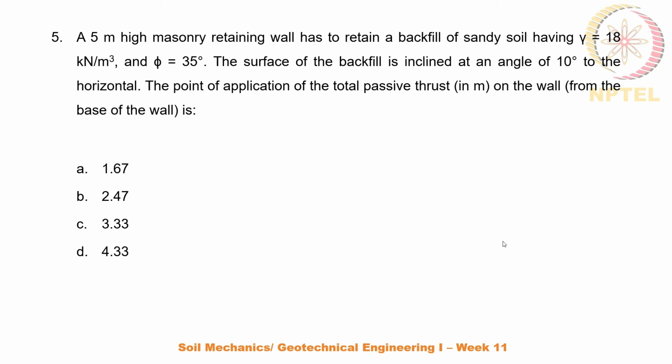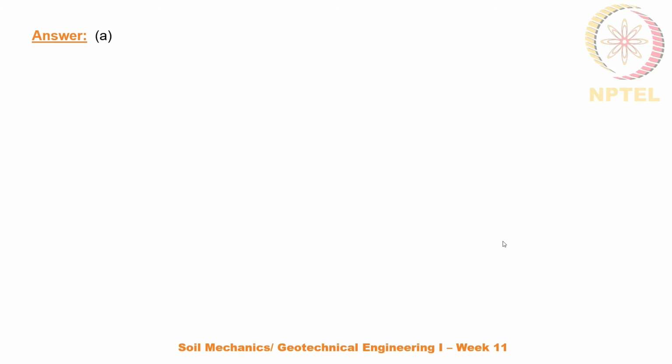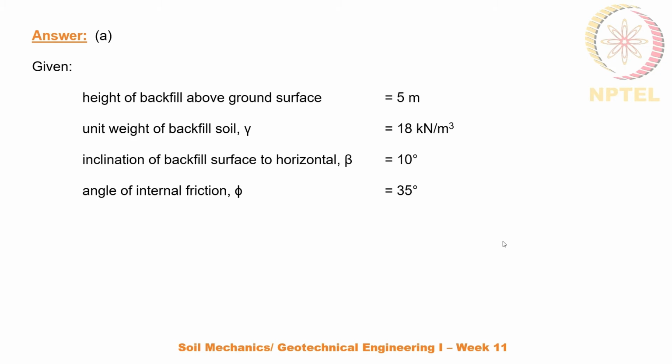Option A, madam. Yeah. So I have got another answer also in the chat box as option A. Okay, so let's see which is the correct option. Yes, correct option is answer A. So here we are given the height of the backfill, unit weight of the backfill soil, inclination and angle of internal friction as in the previous problem.